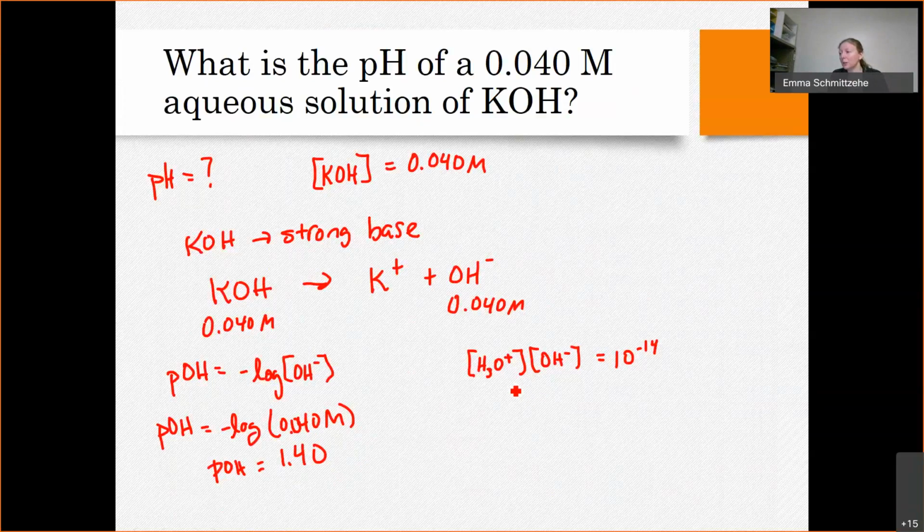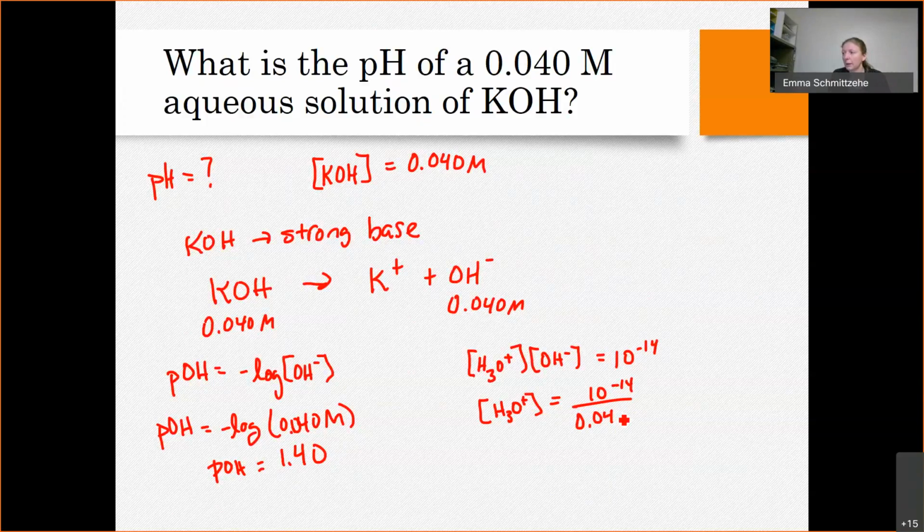Whereas if I use this other equation, it would tell me OH- must be equal, oh, not OH-. I can solve for H3O+. Sorry, guys. Erase that. So I can solve for H3O+. That would be equal to 10 to the negative 14th divided by 0.040.